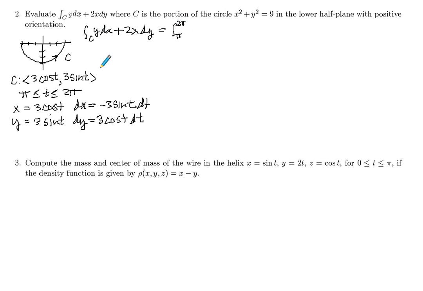And then y is 3 sine t, dx is negative 3 sine t, so this is going to be 3 sine t times negative 3 sine t, and then we're adding 2 x dy, so 3 cosine t times 3 cosine t.